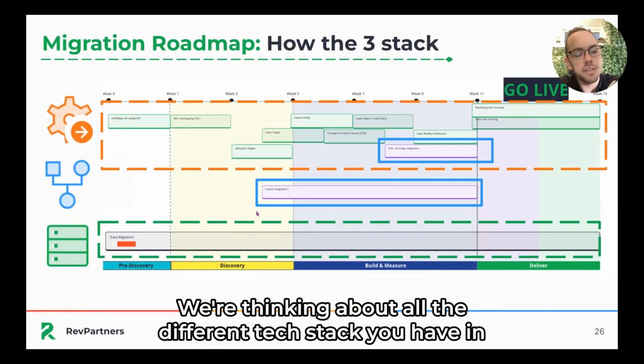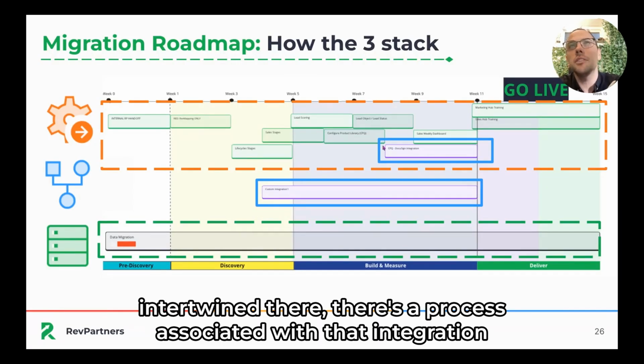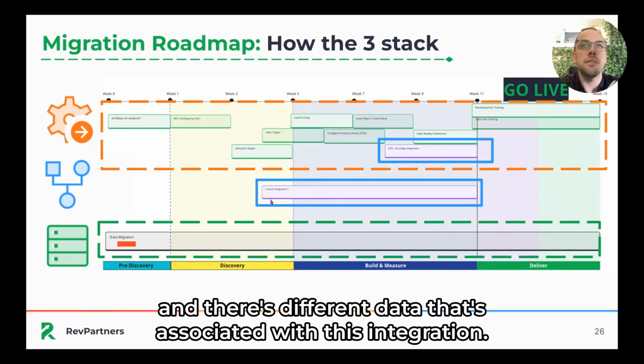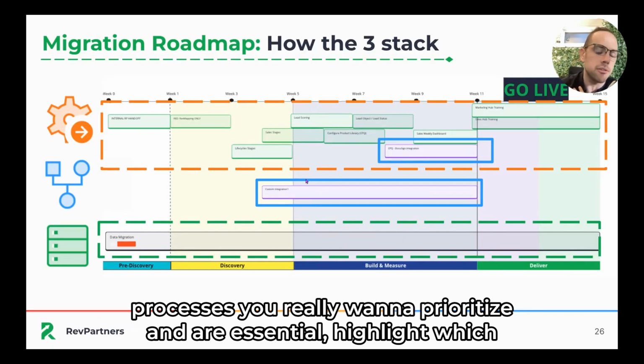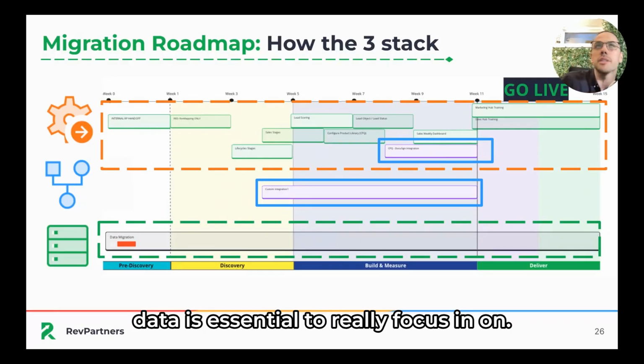When you're thinking about all the different tech stack you have intertwined there, there's a process associated with that integration, and there's different data that's associated with this integration. So data is at a foundational layer of both of these, but which integrations and processes you really want to prioritize and are essential highlight which data is essential to really focus in on.